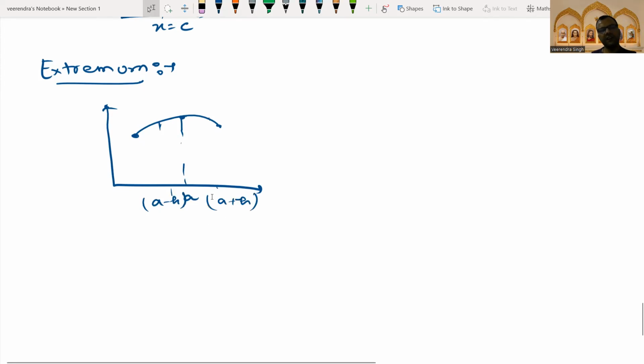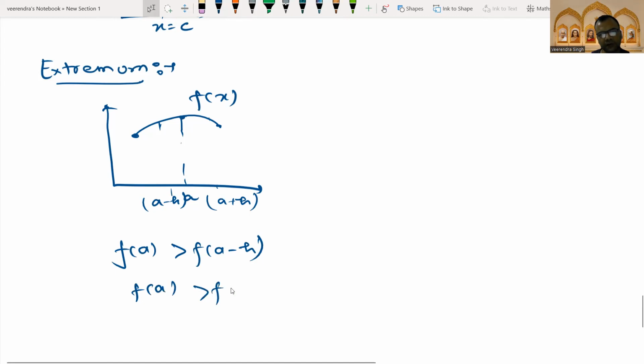So here we can see at the point A, the value of the function, suppose this function is f of x, f of A is greater than f of A minus h, and f of A is also greater than f of A plus h. So we can say at x equals A, the function f of x has local maximum.